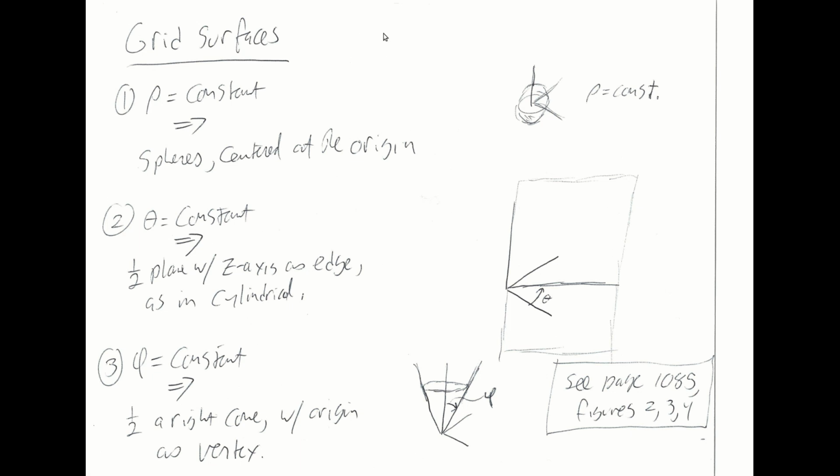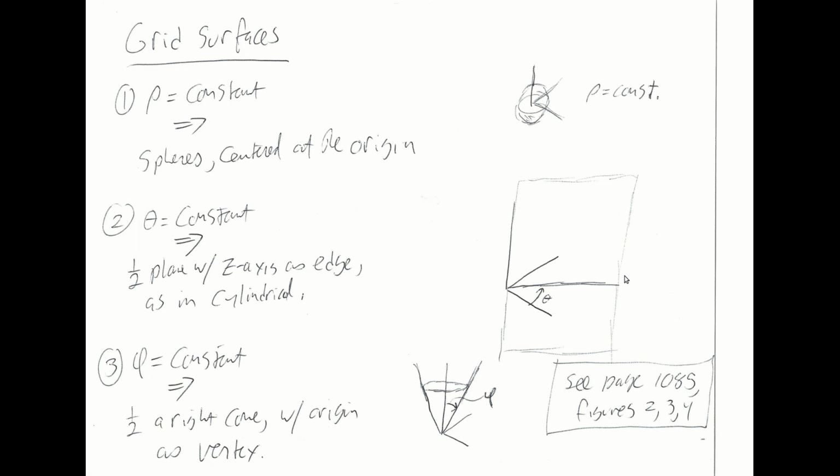If we take theta equal to a constant, we're going to get half planes with the z-axis as their edges, having rotated through an angle theta in the xy plane, just like we saw in cylindrical. So it's the exact same theta that it was in cylindrical, and we get the exact same type of geometric region if you set theta equal to a constant. So I've done my best to represent this here.